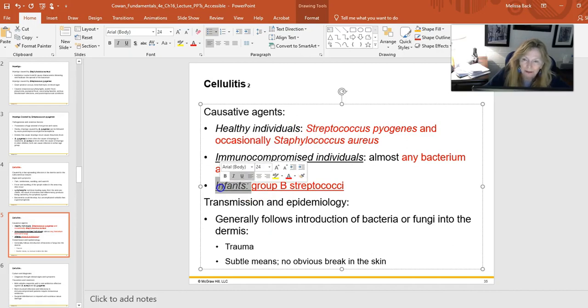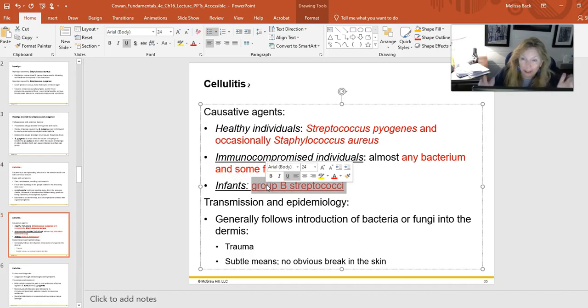In infants, because we know infants have just recently moved through the birth canal, some women are carriers of group B streptococcus, which we said is Streptococcus agalactiae is the species name.